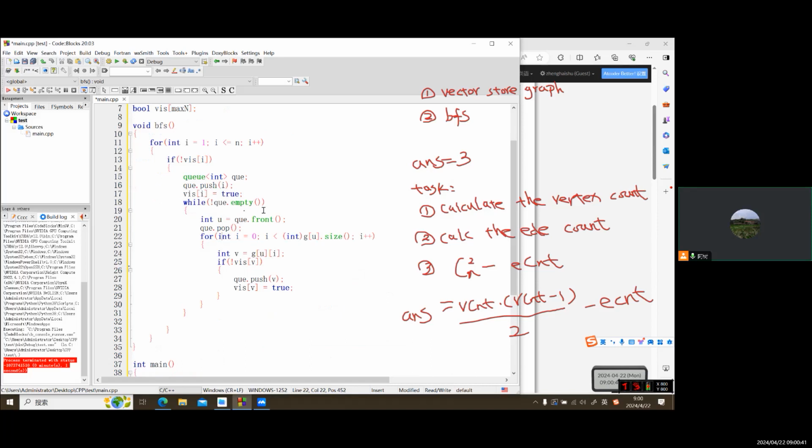Now we need to calculate the vertex count and the edge count. So here we define V count and E count. V count increase, and E count add u dot size. Okay.